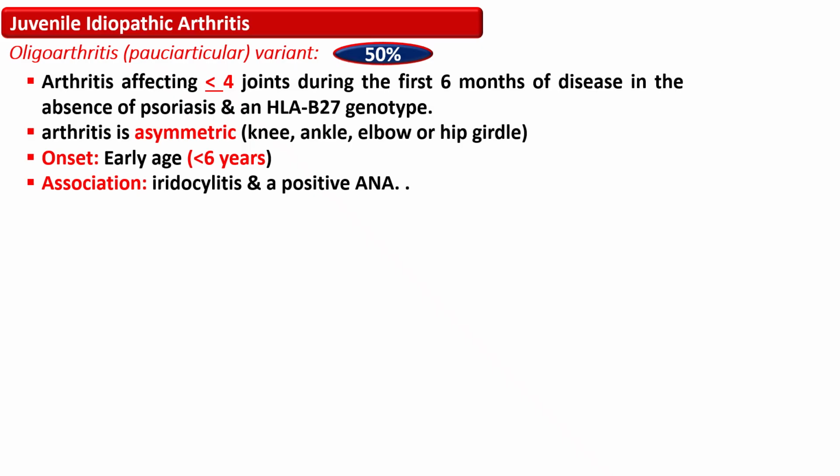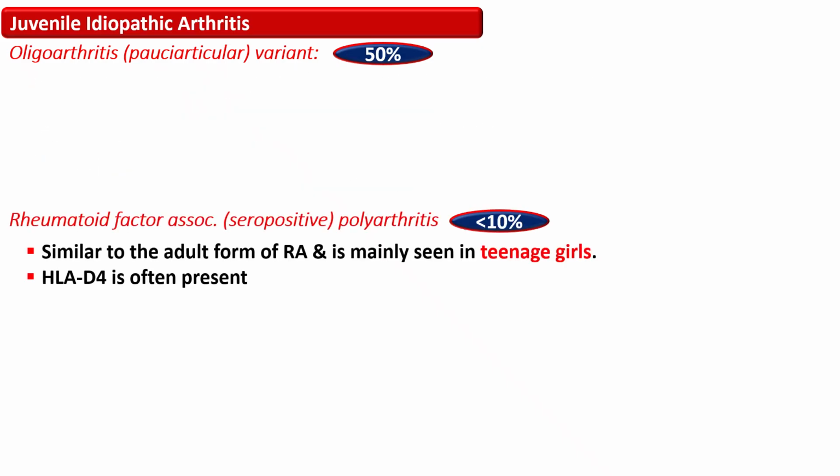It affects 4 or fewer joints during the first 6 months of the disease in the absence of psoriasis or an HLA-B27 genotype. This arthritis is asymmetric and develops at an early age. The mean age is less than 6 years. The arthritis is commonly associated with iridocyclitis, which is inflammation of the iris and ciliary body, and frequently it is positive for antinuclear antibody.